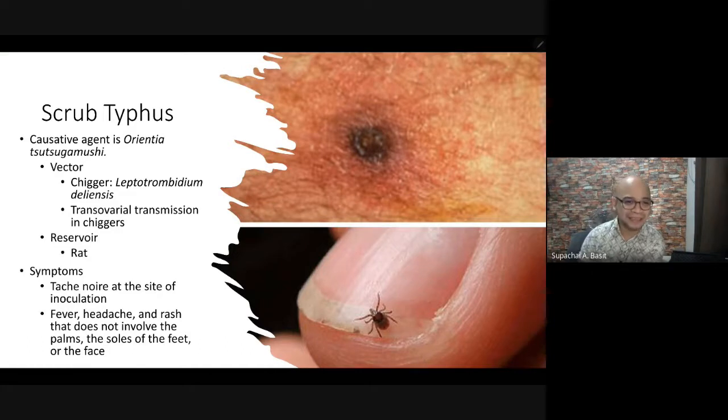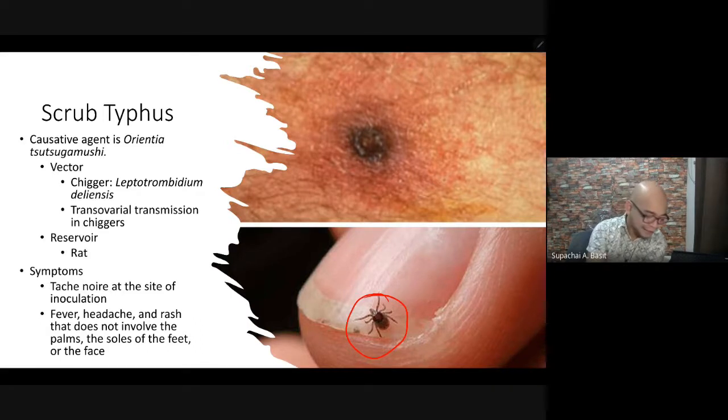The vector is known as the chigger. And the chigger, the one that looks like this, is scientifically known as Leptotrombidium deliense. Transovarial transmission in chigger is still possible.